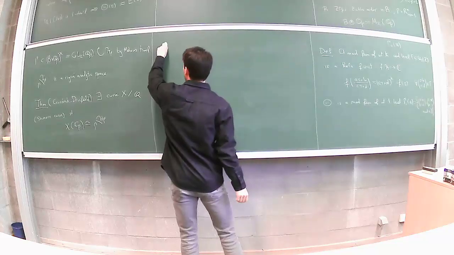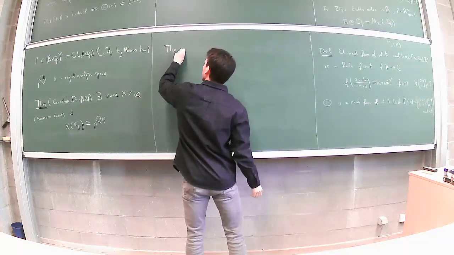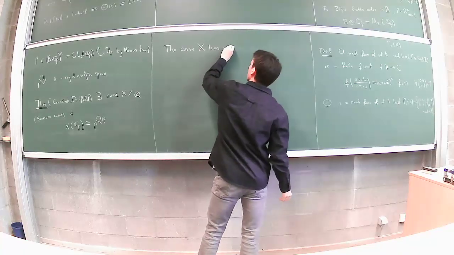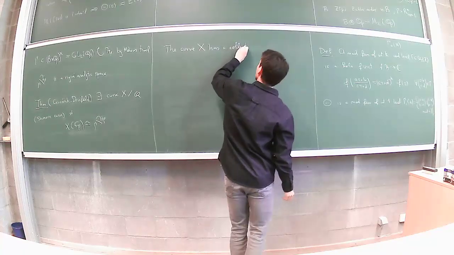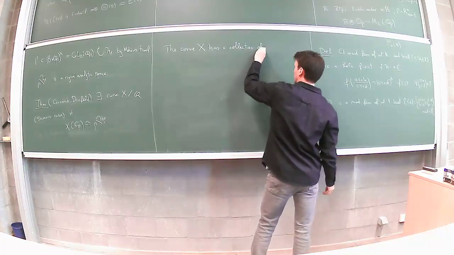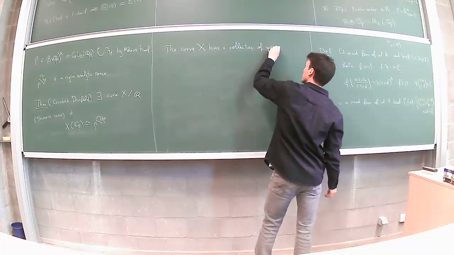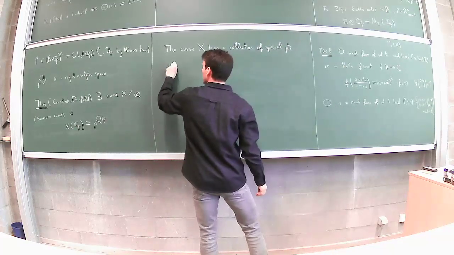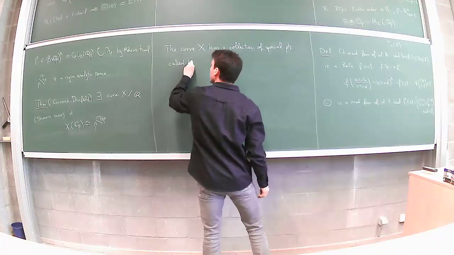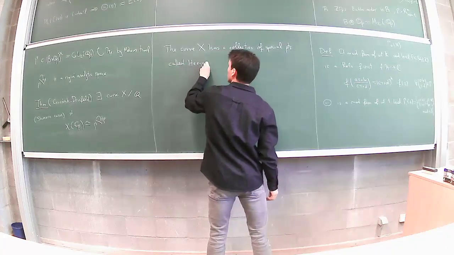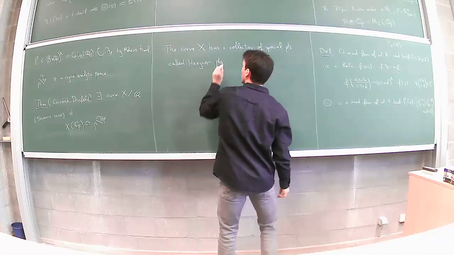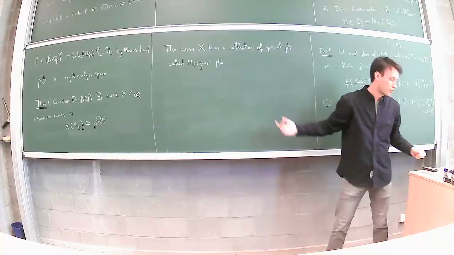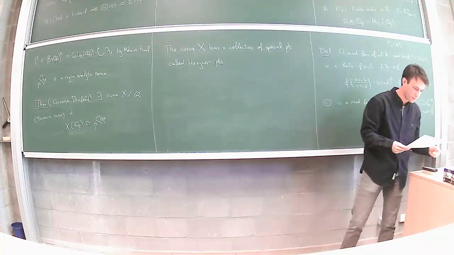So the curve X has a collection of special points called Heegner points. And these are the ones that we will really use to construct the geometric version of theta. So now I need to introduce you to these Heegner points.